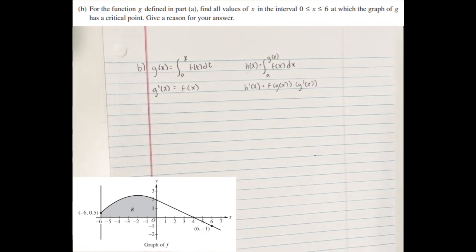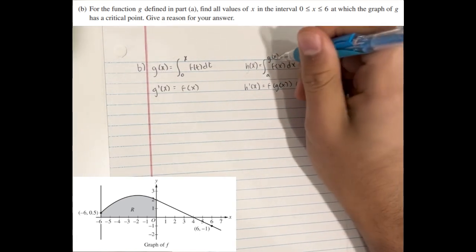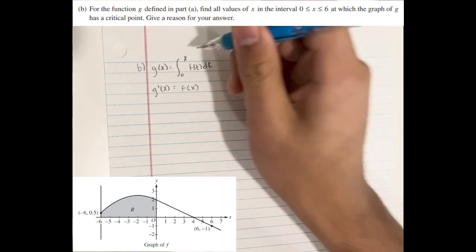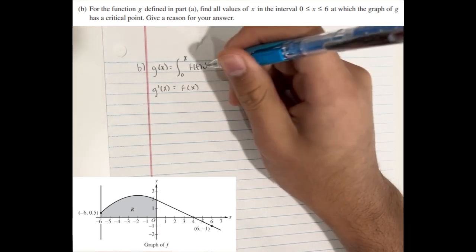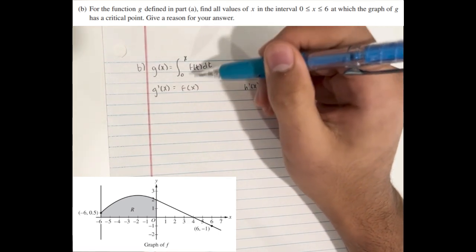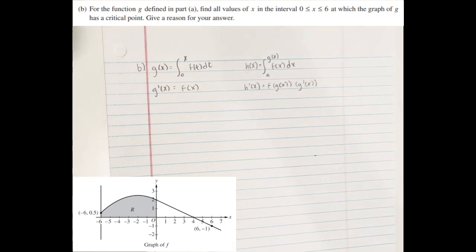This is by the fundamental theorem of calculus, and we don't need to worry about any inner function here because it's just x by itself. If you have it from a constant to x, you just take that x and put it in. So g'(x) is equal to f(x).